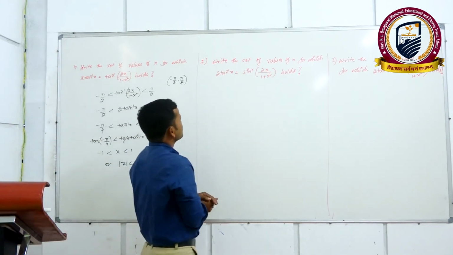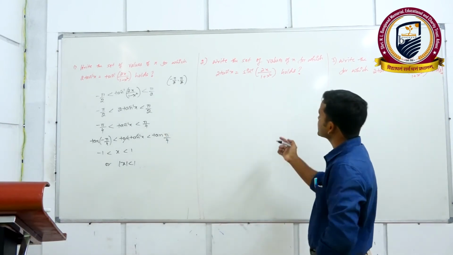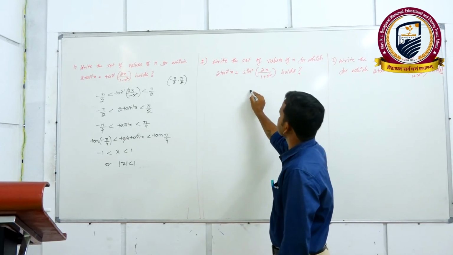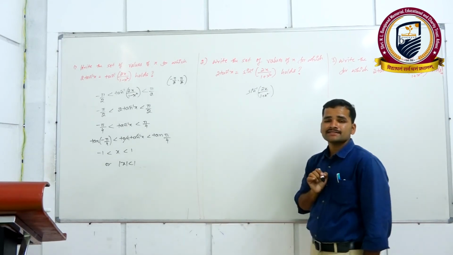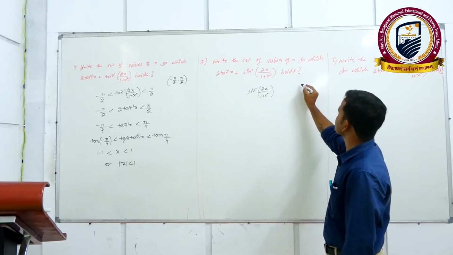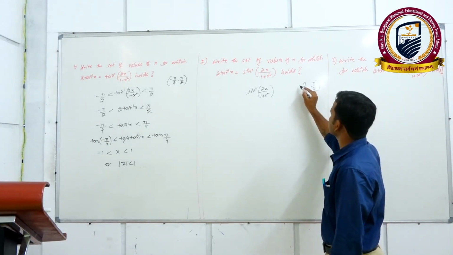And now coming to the second problem: write the set of values of x for which this holds good. Here on the right-hand side you see sine inverse of 2x by 1 plus x square. What is the range of sine inverse? The range of sine inverse is the closed interval minus pi by 2 to plus pi by 2.